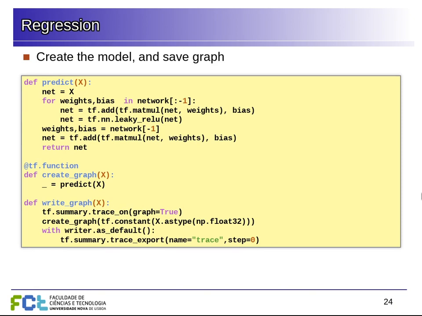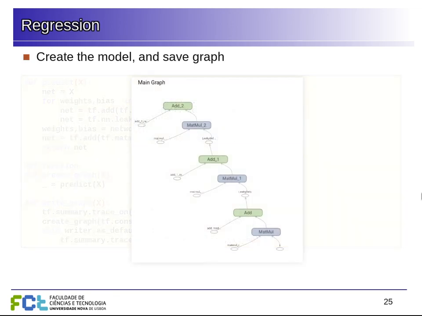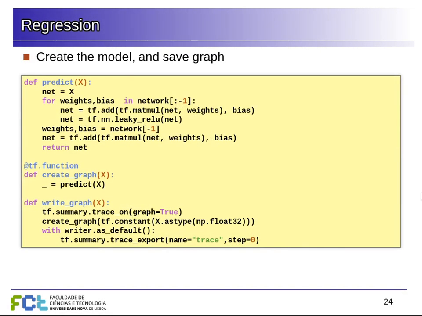We need a function for prediction, so we can do this when we receive the tensor x for the prediction. We can loop through all the pairs of weight bias in our network and do the multiplication and apply a leaky ReLU. We do this for all except the last one.